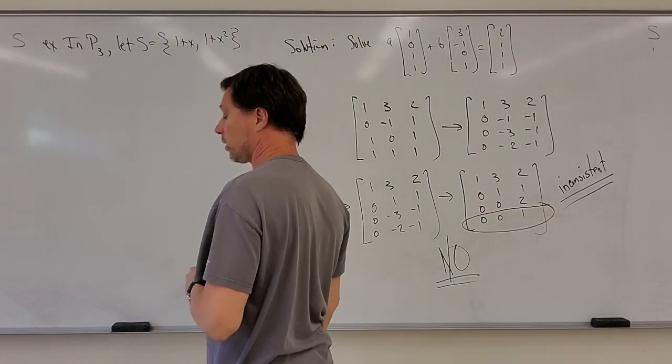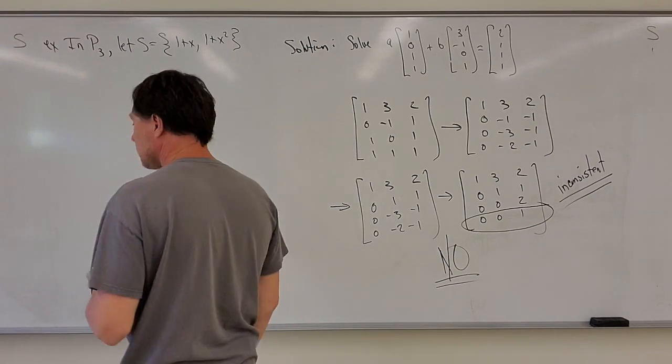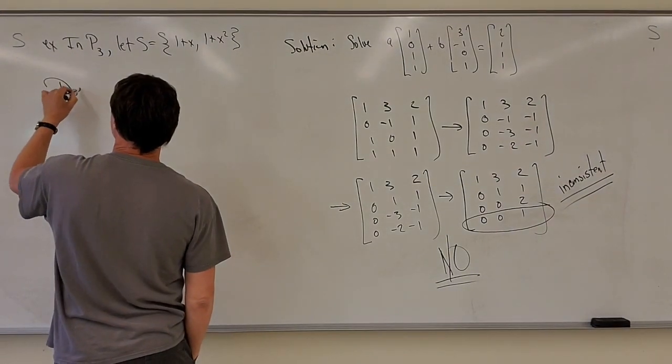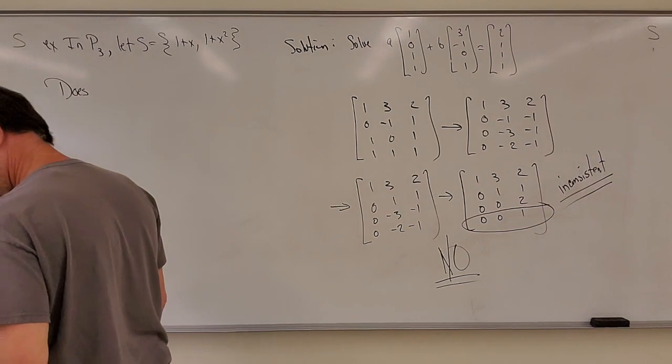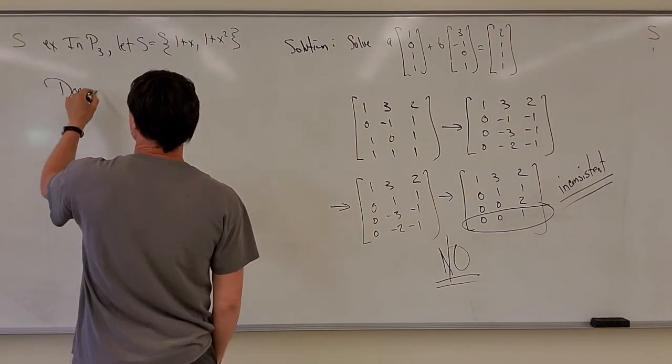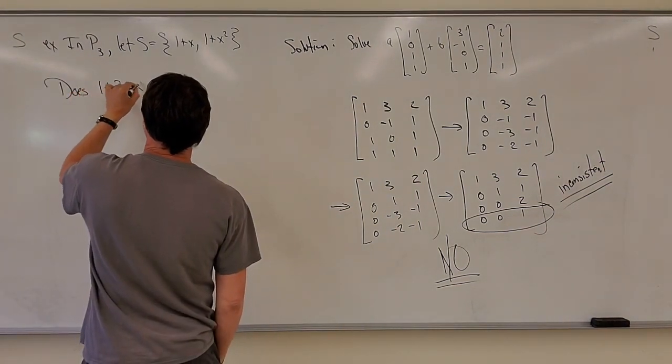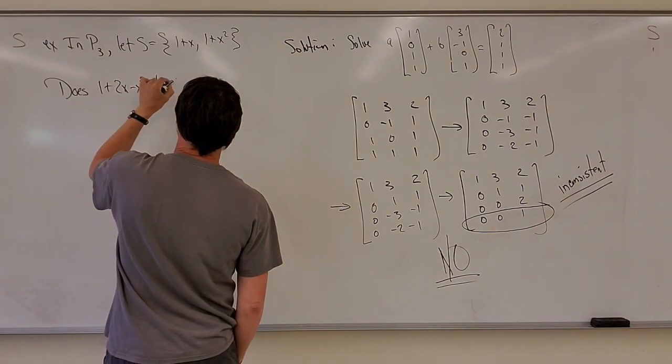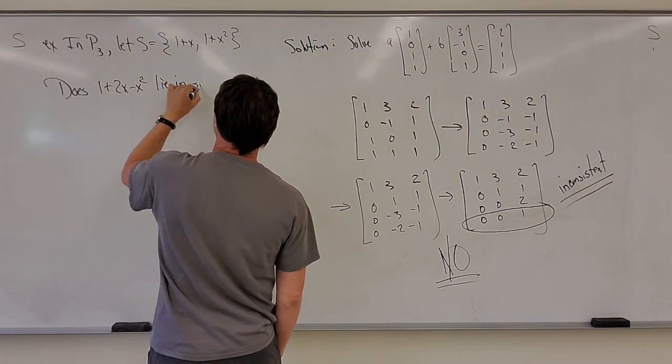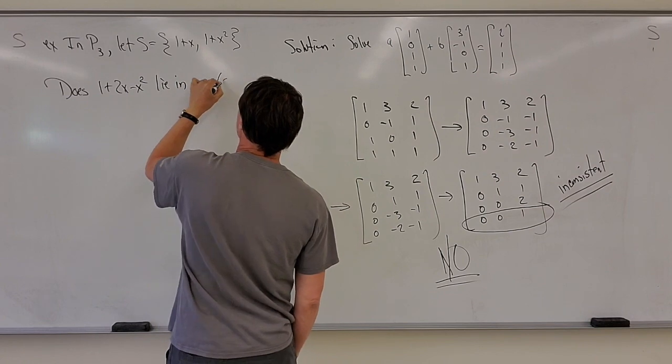All right, so there's a couple of polynomials. And now the question is, does the polynomial 1 plus 2x minus x squared lie in the span of S?